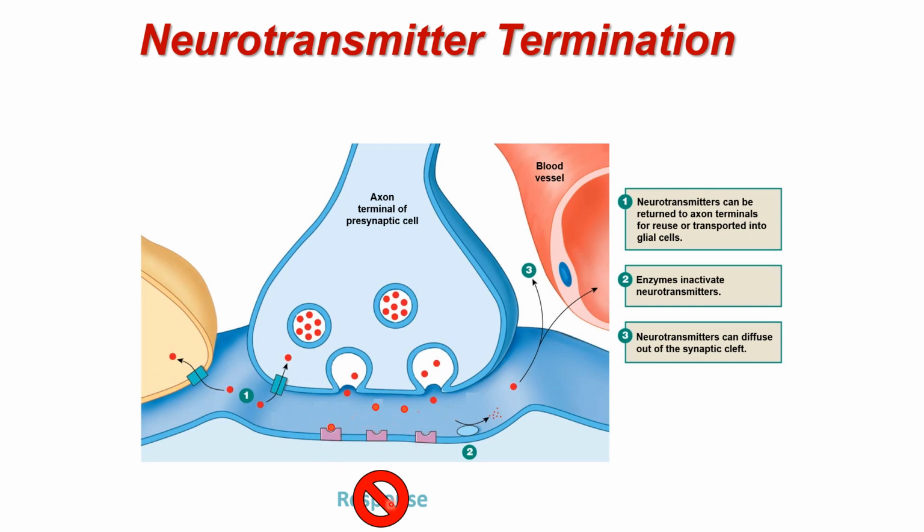And if there's no binding, no response. So by diminishing the concentration of neurotransmitter, we terminate the response. So get rid of the calcium, reuptake, enzymatic degradation, diffusion leads to release of neurotransmitter off those receptors and termination of response.